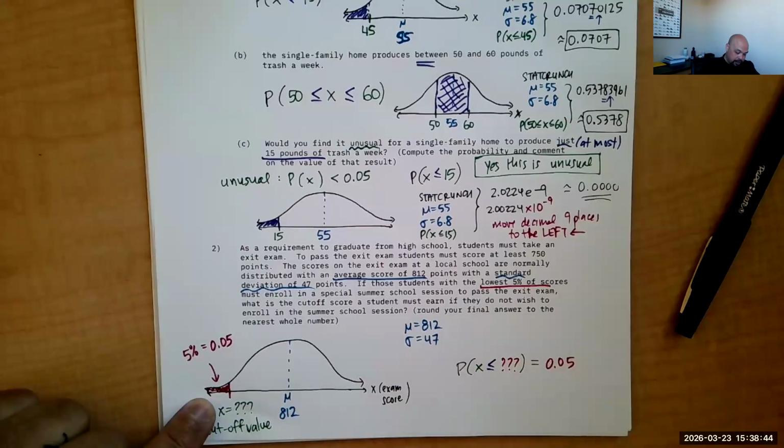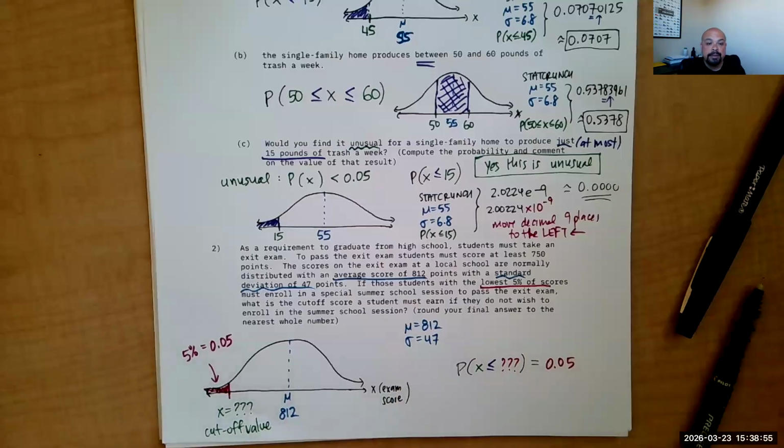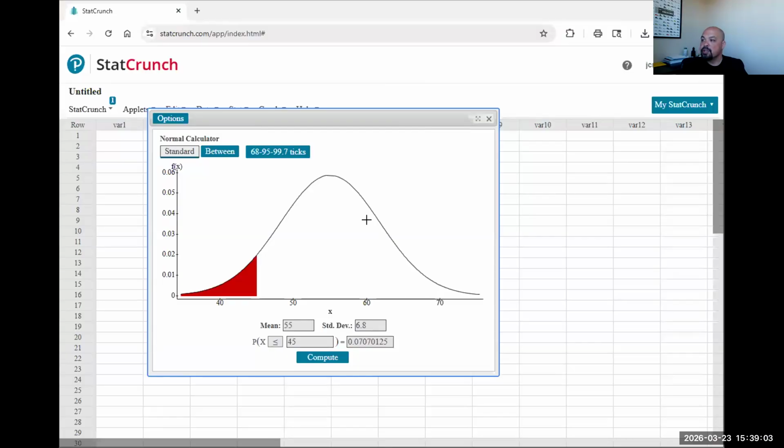Again, on StatCrunch, we know the mean, we know the standard deviation. This time we have the area. So let's see what that looks like on StatCrunch using that same normal distribution calculator.